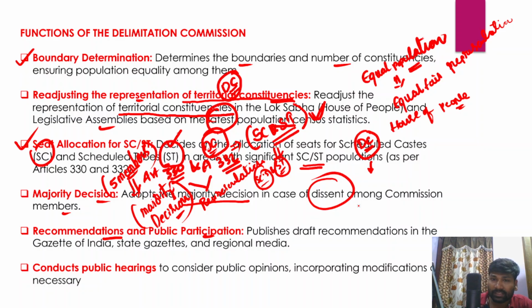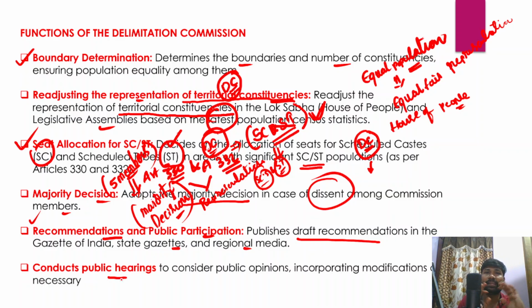It in fact publishes draft recommendations in the Gazette of India, state gazettes, and also the regional media, to ensure that there is widespread awareness about this exercise. And they would also get feedback from the political parties and from the people. And in fact, it also proactively conducts public hearings as well.